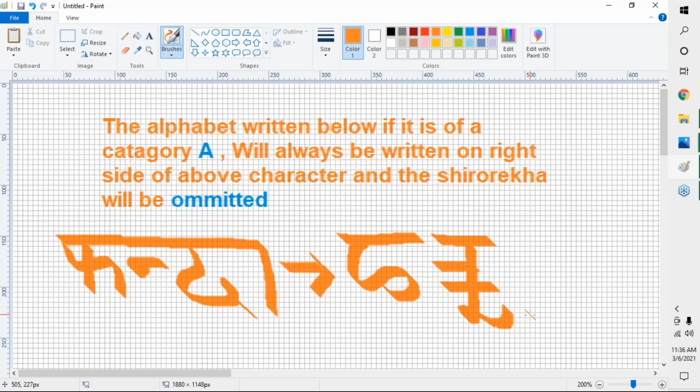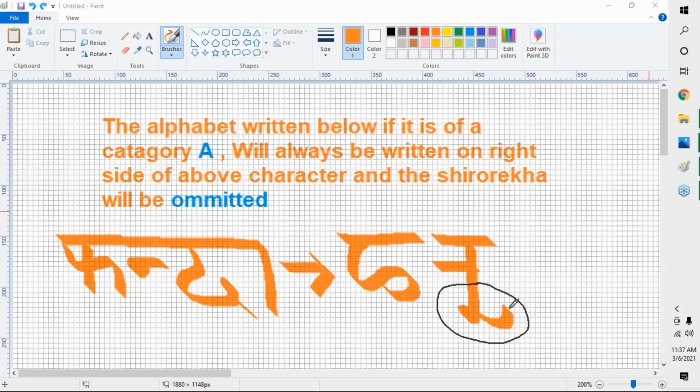I know it is a little bit difficult, students have to be a little attentive today, but please be with us. We will try to make it as easy as possible for you. If you see here, this alphabet was of category A, because it was touching the Shirorekha only once. But when it is written below, it will be written on the right hand side.